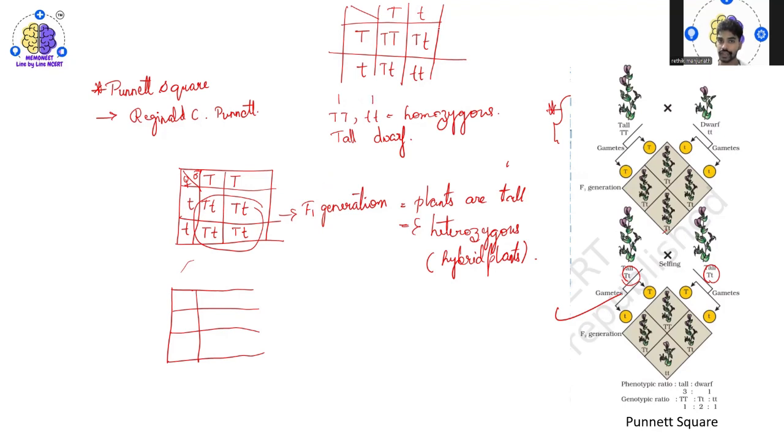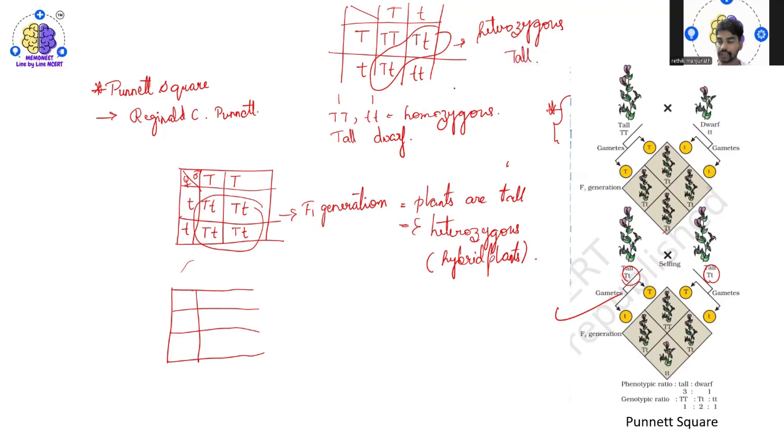Another part you're seeing, this part, is heterozygous. So that means 50% in the F2 generation will be heterozygous, which is again tall.